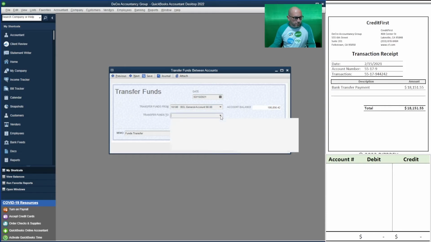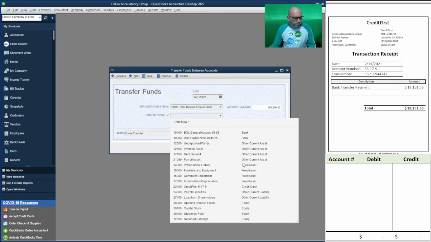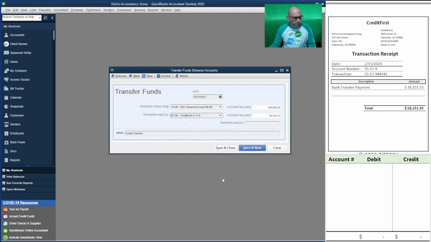It's from general account to our credit card account. There are different ways to do this. We can do it many other ways, but we'll show it throughout the simulation. But that's one way to book this transaction.